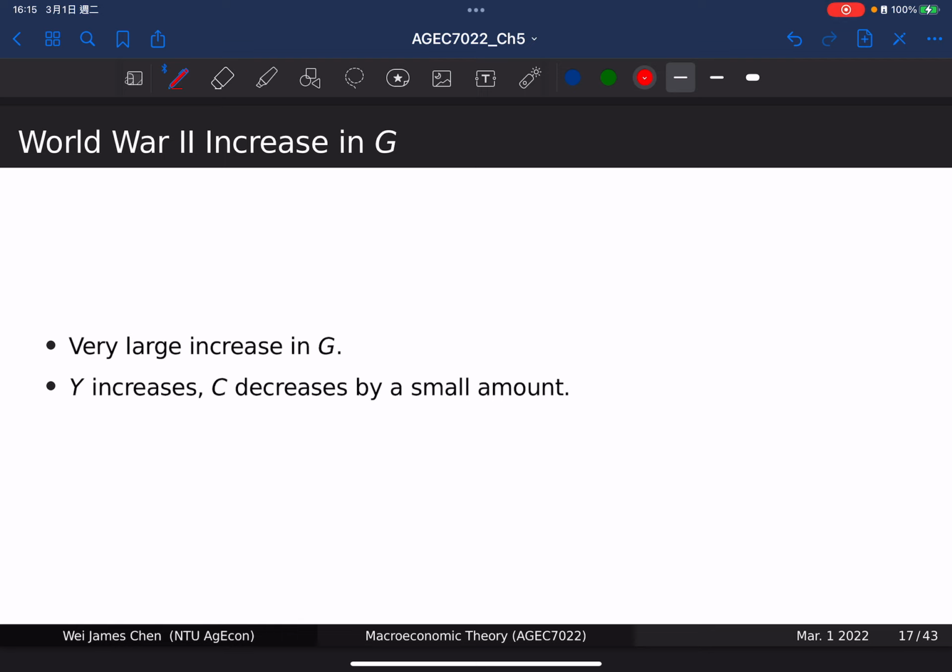So it had a very large increase in G. What happens is Y will actually increase, but C will decrease by a small amount. That's what actually happened in World War II.